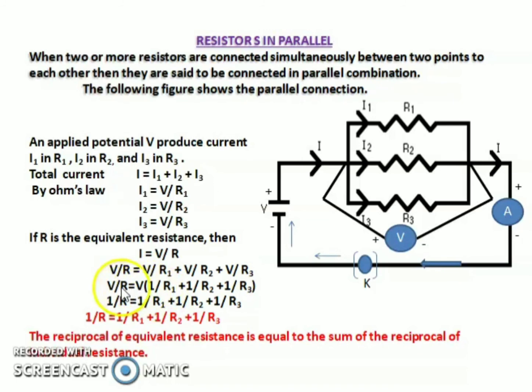This V and this V cancel, so it becomes 1 upon R is equal to 1 upon R1 plus 1 upon R2 plus 1 upon R3. This is the equation for resistors in parallel. The reciprocal of equivalent resistance is equal to the sum of the reciprocals of individual resistances.